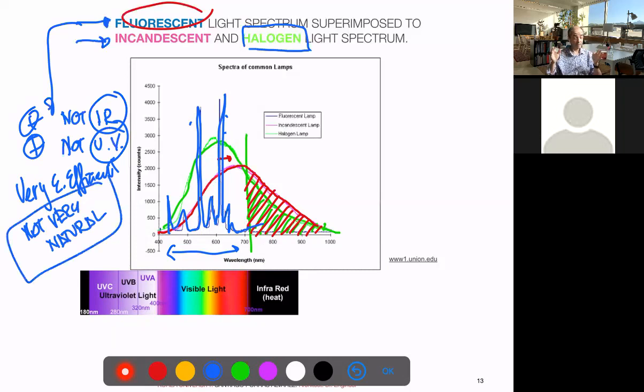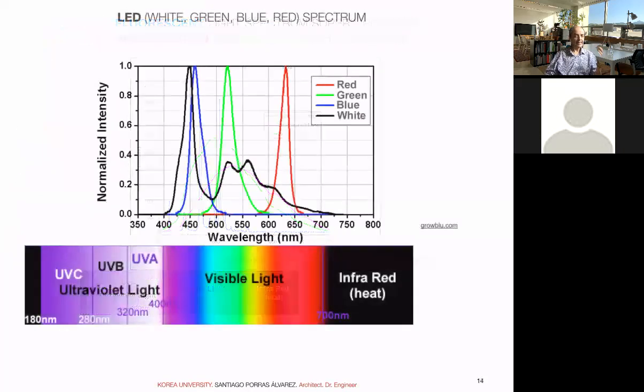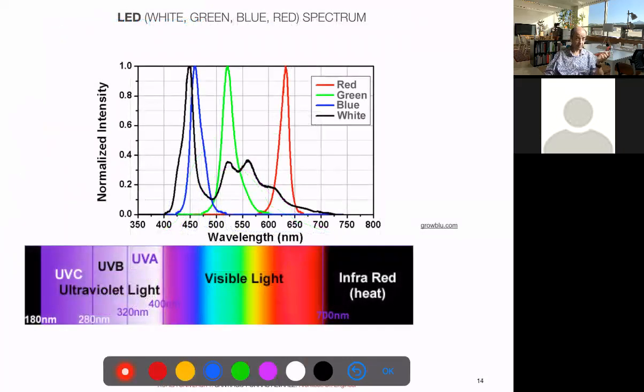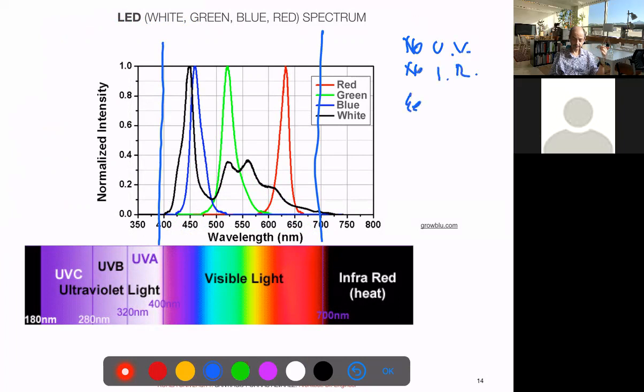And even though we cannot say exactly why, we always recognize that fluorescent light is not great, it's not so natural. If we put LED, it changes a lot. In LED we can control, and the same as the fluorescent, we have almost no ultraviolet and no infrared, so they're very efficient.